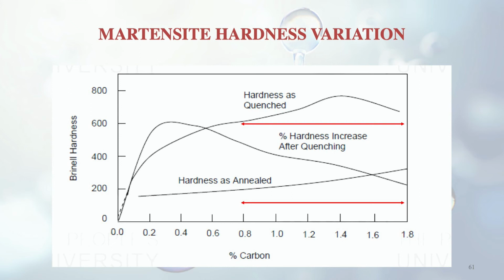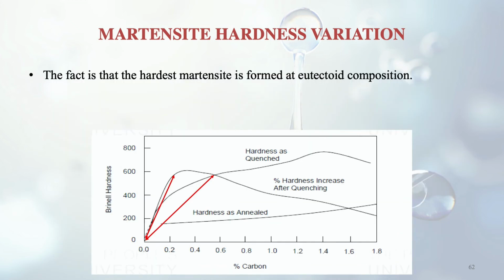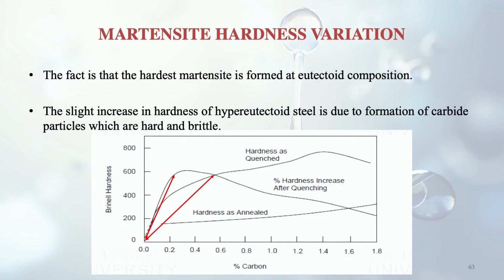In the quenched case, the graph also goes upward, but then it has a maximum and further it comes down. The hardest martensite is formed at the eutectoid composition, that is 0.8% carbon. The slight increase in hardness of hypereutectoid steel is due to formation of carbide particles, which are hard and brittle. So the reason behind the graph going up slightly beyond 0.8% is the formation of carbide particles, which also increase the hardness.